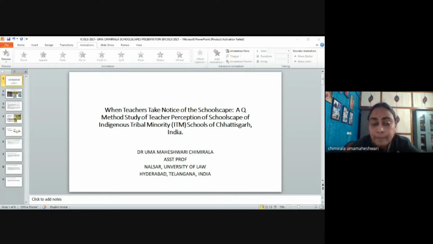Professor Dasgupta, for instance, talks about the schoolscape as the space where the policy from the top and communities from the bottom begin to interact. So in that sense it becomes a tool through which you constantly shape what you want to see and what you would want to see.